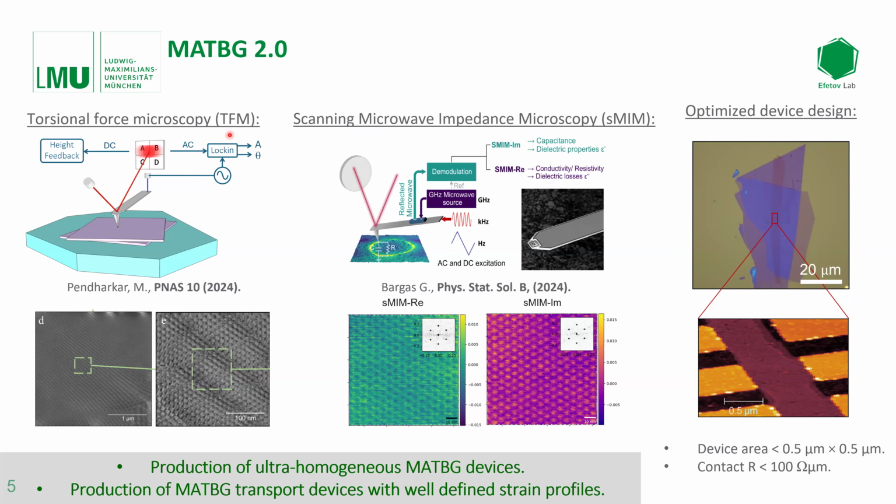It's a technique which is also used extensively, for example, by David Hubbard-Gordon's group, and this paper is from them. It allows us to image the moire superpotential quite well in open surface devices, so before encapsulation.